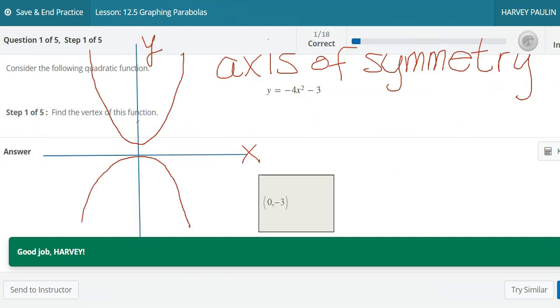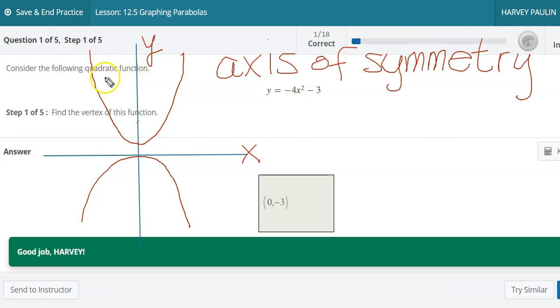And still a little more background. So here is my x-axis, here is my y-axis. Here our a value is positive, it's going to open upwards. Our a value for this parabola is negative, so it's going downwards. But we notice what's on one side is sort of the same as what's on the other side of the y-axis.